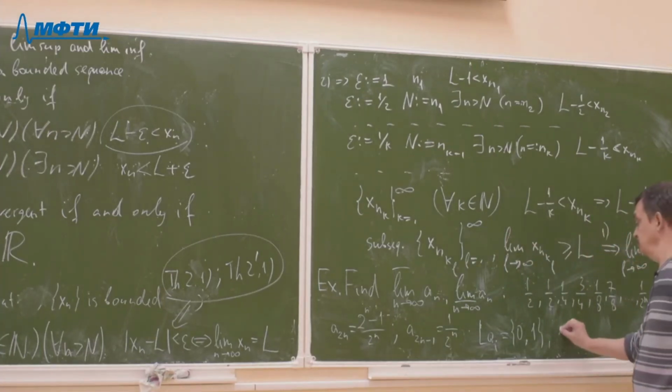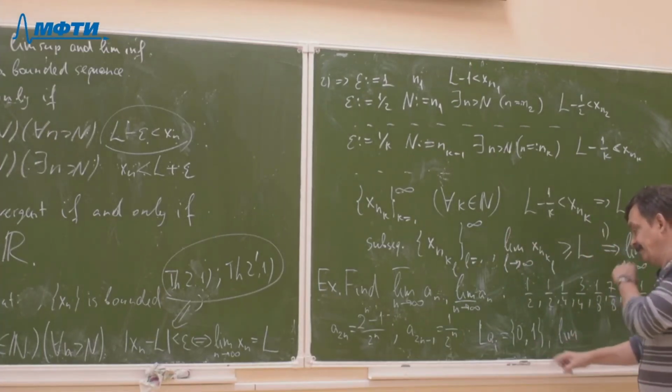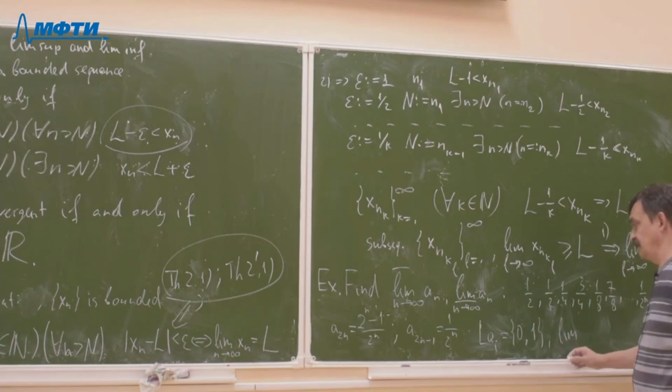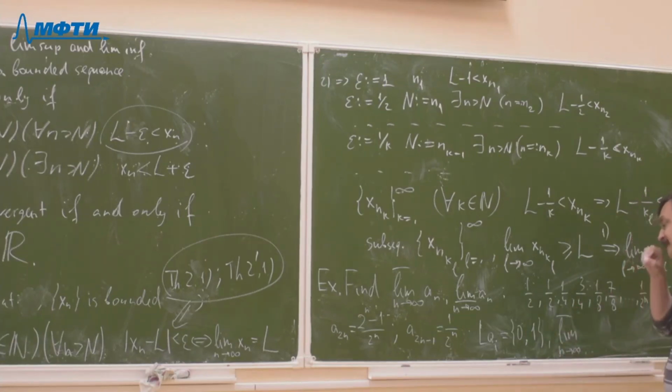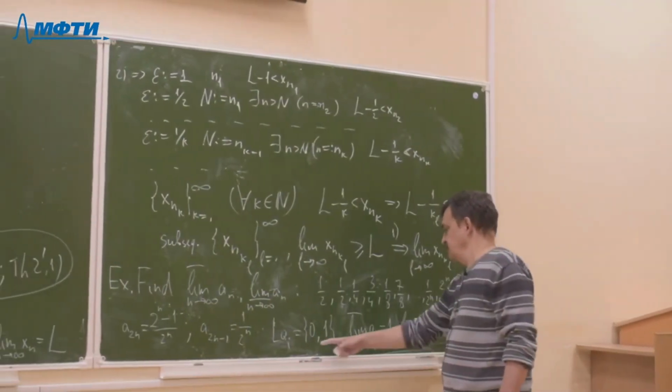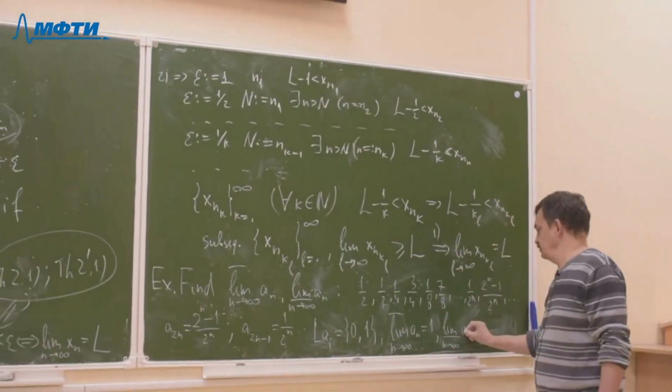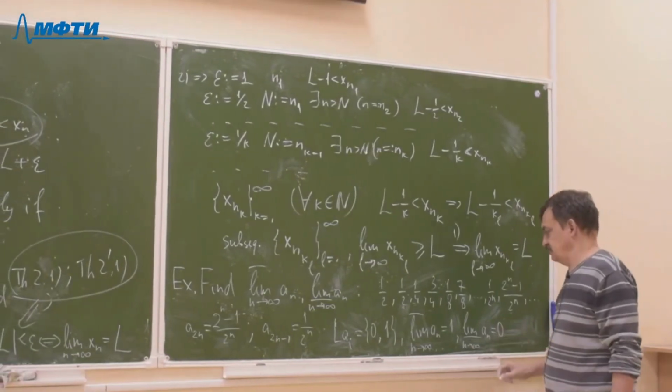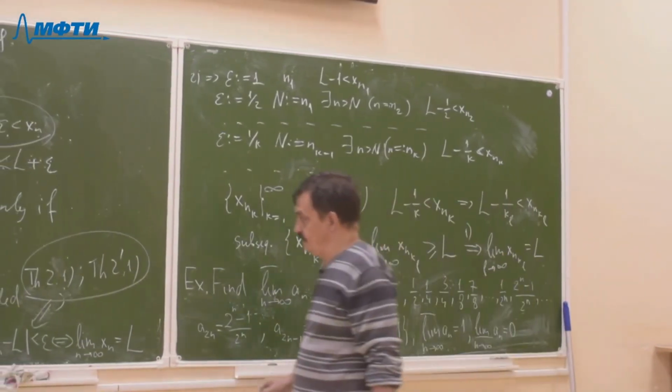Hence, the maximal element is the limit superior, which is 1, and the limit inferior is the minimal element, which is 0. That's it.